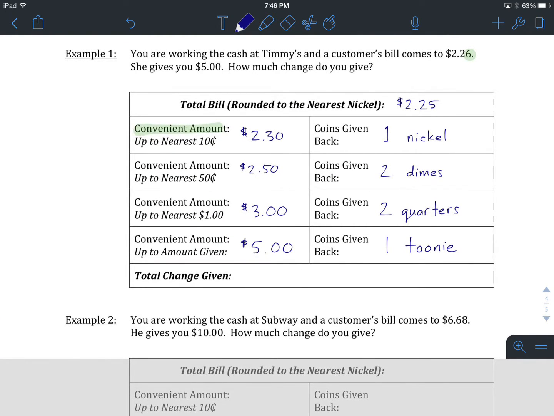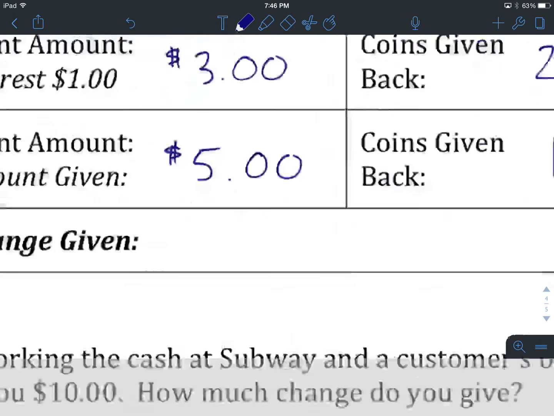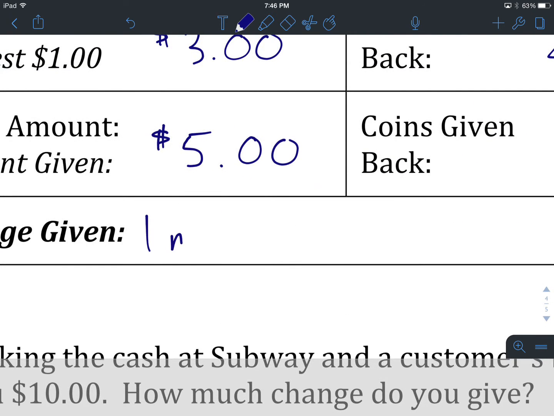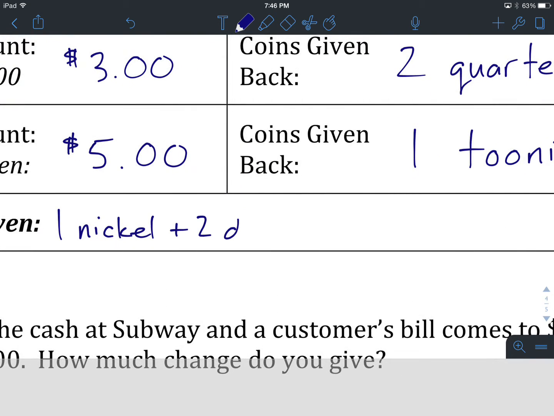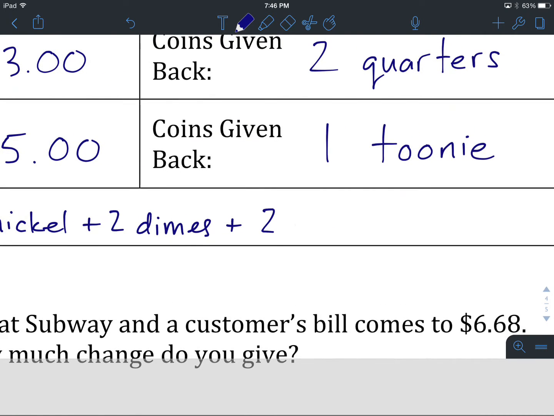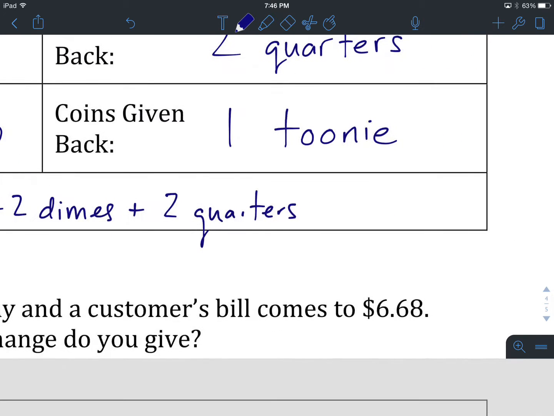So let's review the change that was given. Now we're looking at this column here on the right. The total change given will be 1 nickel plus 2 dimes plus 2 quarters plus 1 toonie.